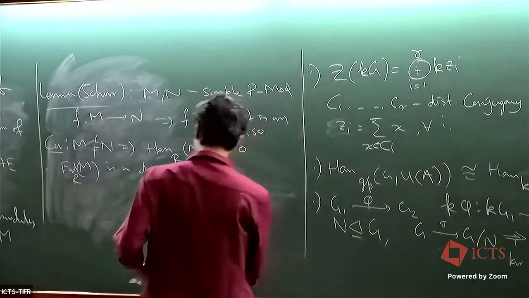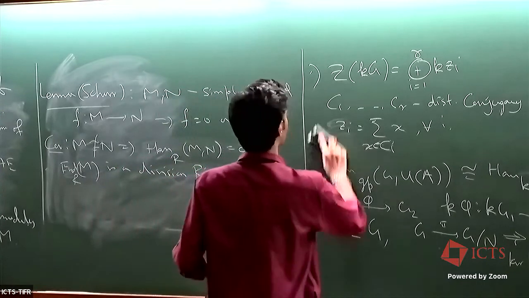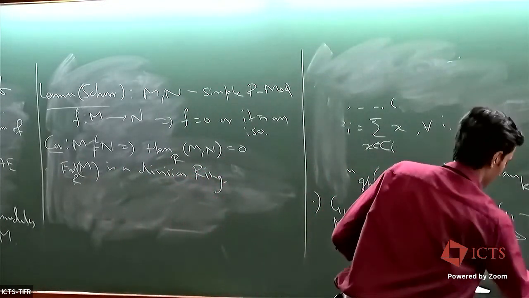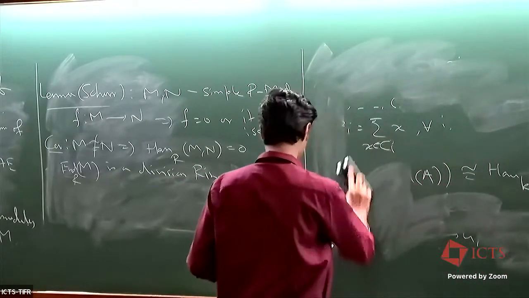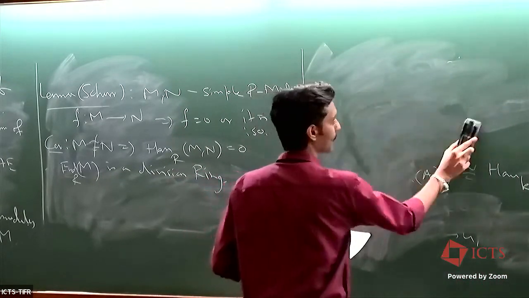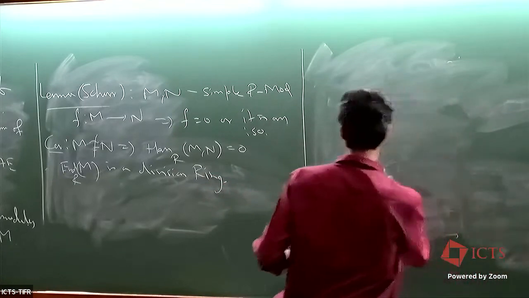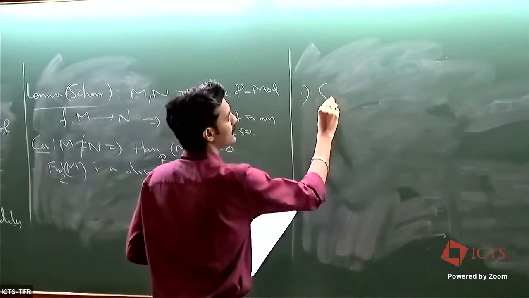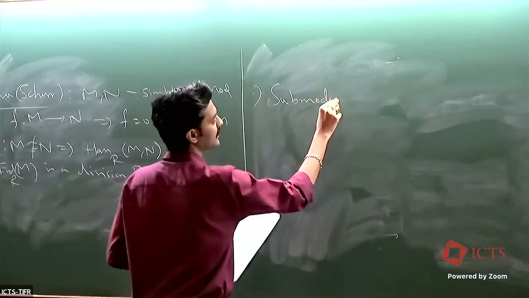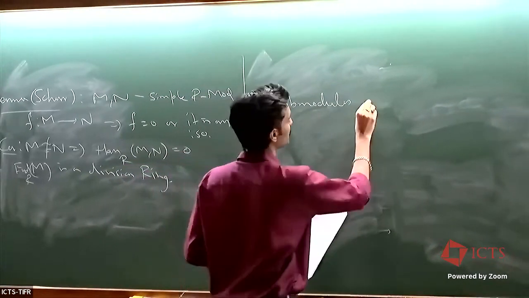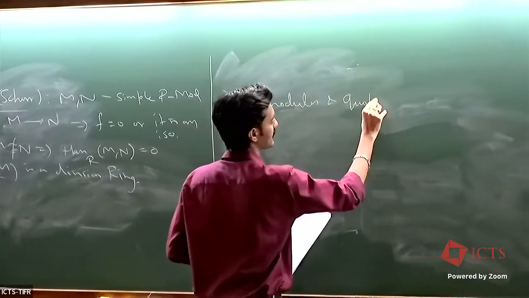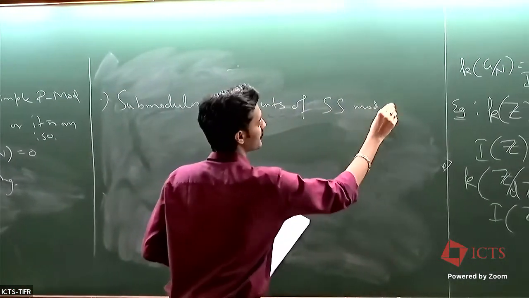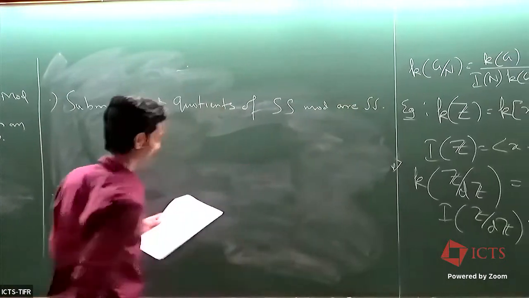Okay. So in view of Schur's lemma and the definition of semi-simplicity, one can get the following results. Number 1, semi-simplicity is closed under taking submodules and quotients. That means submodules and quotients of semi-simple modules are semi-simple.